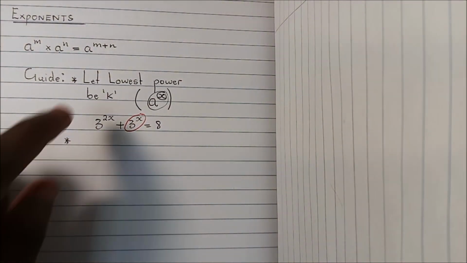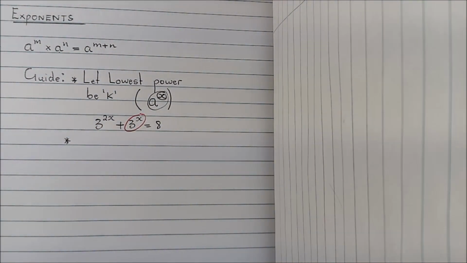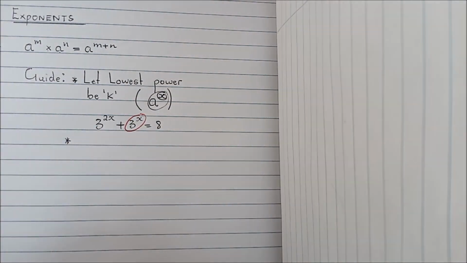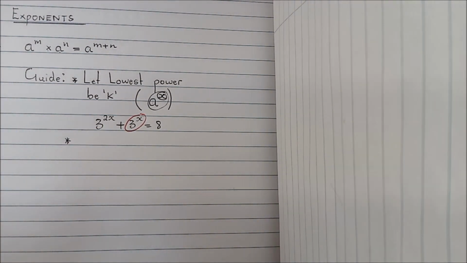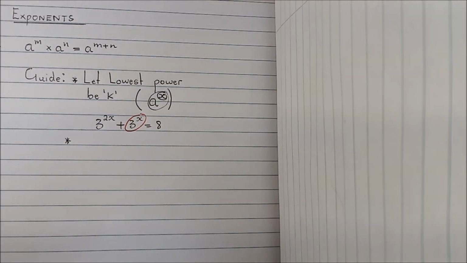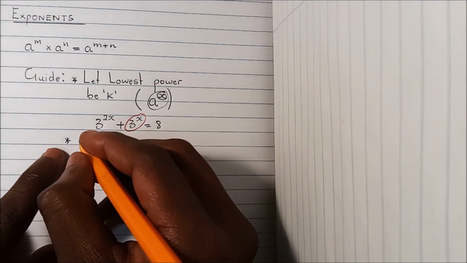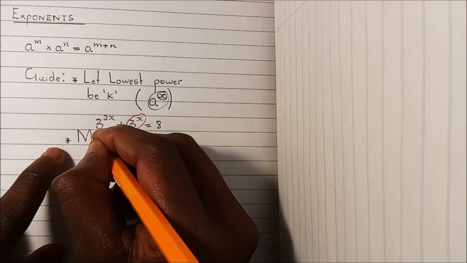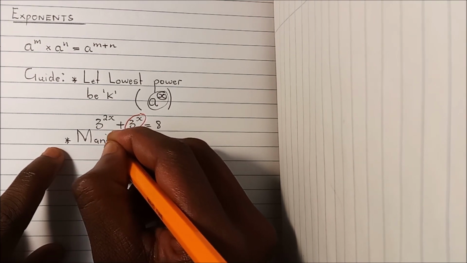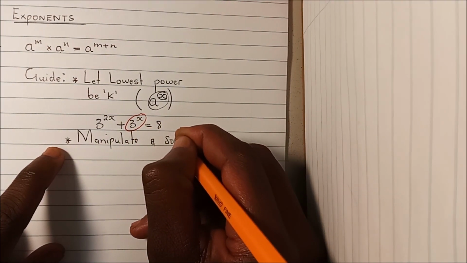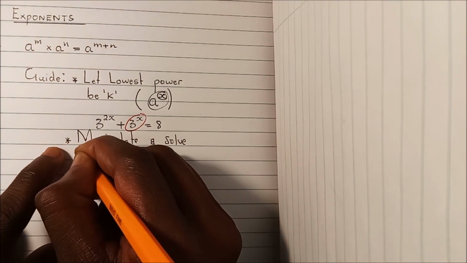It's quite easy. After letting the lowest be k, the equation gets better, or it gets simple. It's going to be either a linear or a quadratic, and then you can just solve. So now the second point: you will manipulate and solve for k.